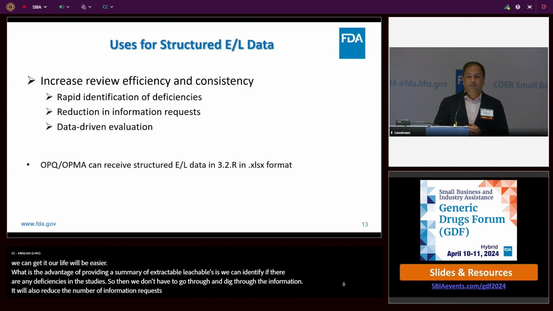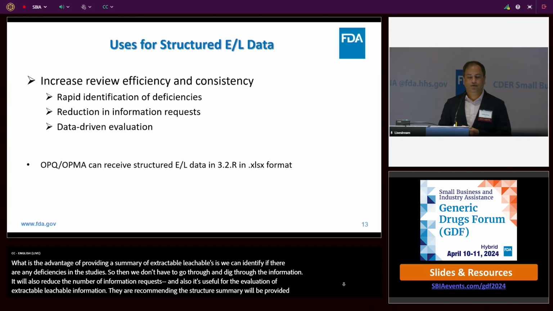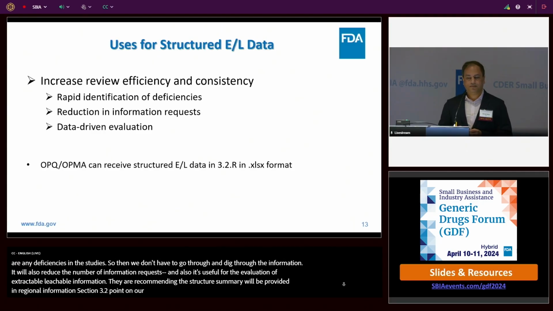And it's very useful for a data-driven evaluation of extractable leachable information from application to application. And we are recommending that this structured summary be provided in regional information section 3.2.R, and preferably in Excel format.